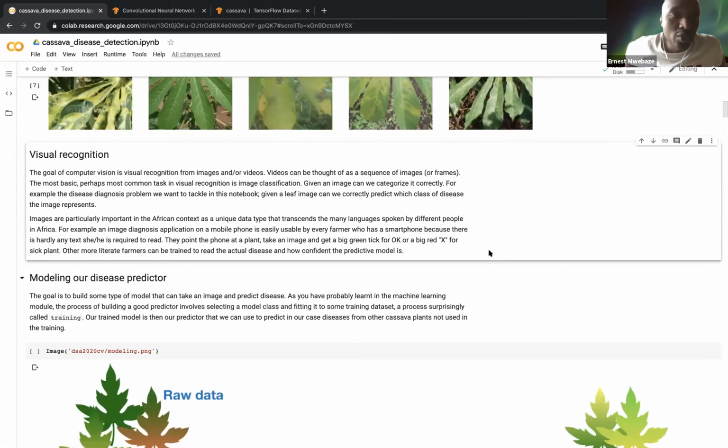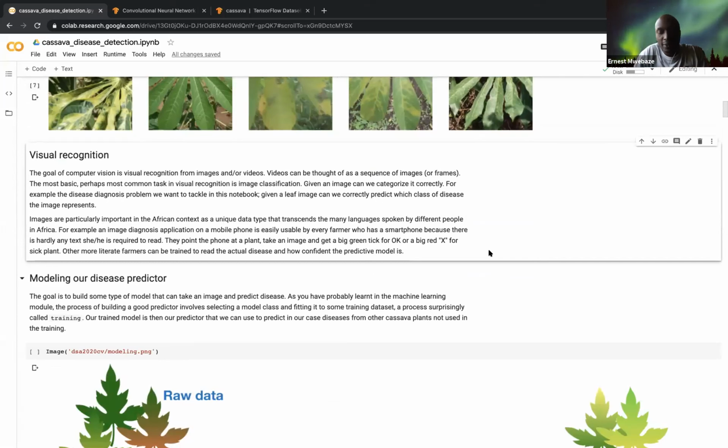Okay, so more generally, the goal of computer vision is recognition. You want to recognize something from either an image or a video. And you can think of a video as a sequence of images, the different frames that form a video. You can think of them as images, and that's how they process videos. And so the most basic, perhaps most common task in recognition is classification.